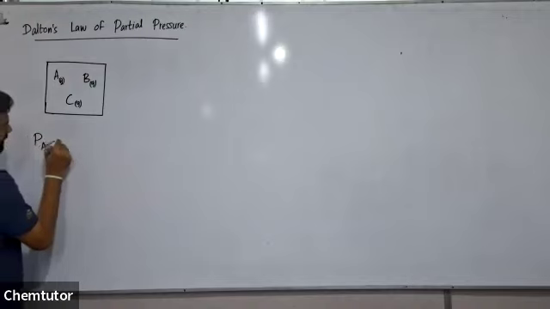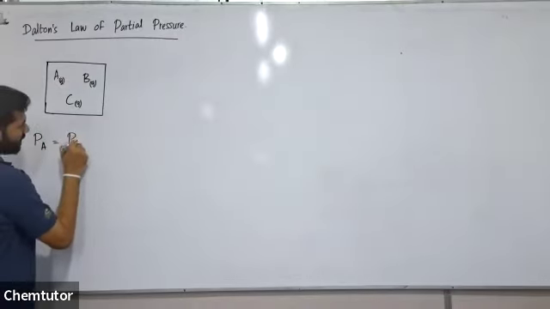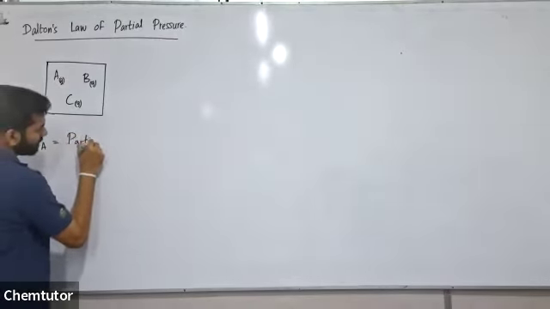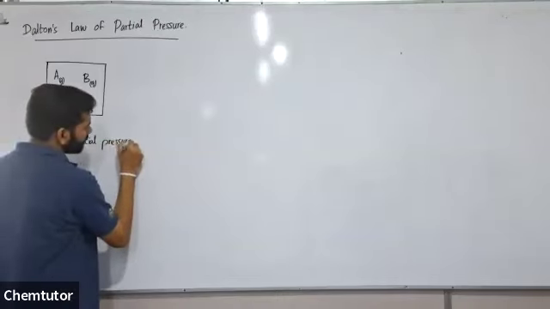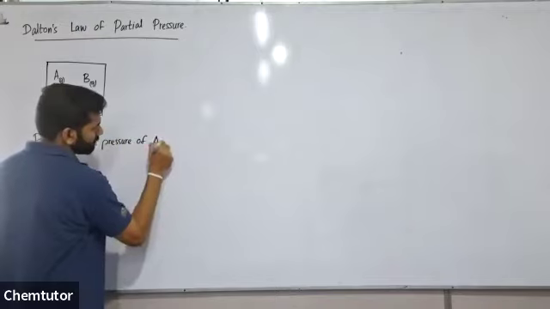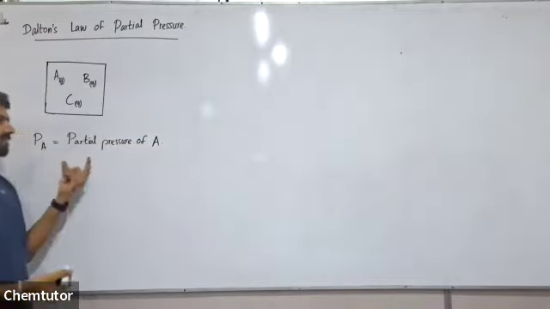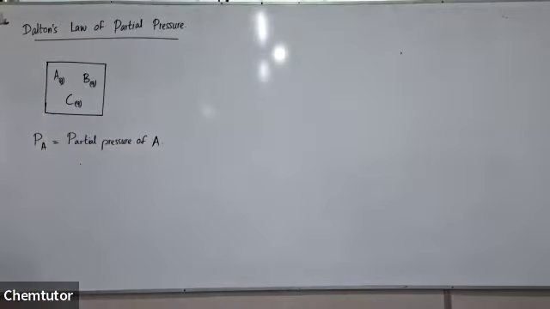The pressure given by A, that is PA, we call the partial pressure of A. Why is it partial pressure? Because PA is only a part of the total pressure inside this system. PA is the pressure exerted by only A gas molecules.